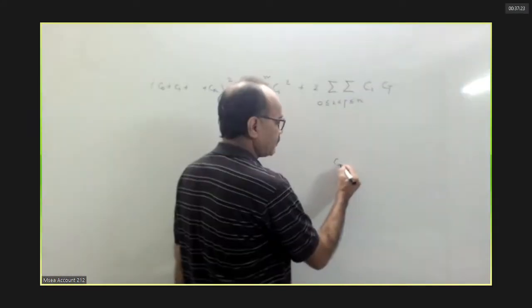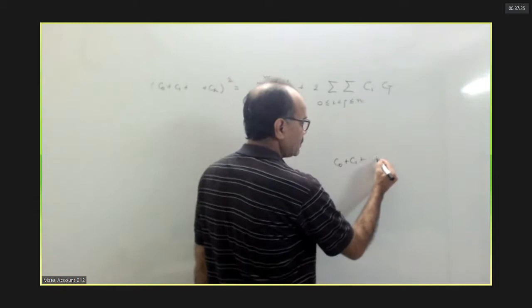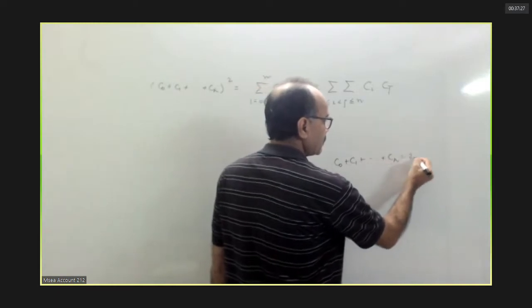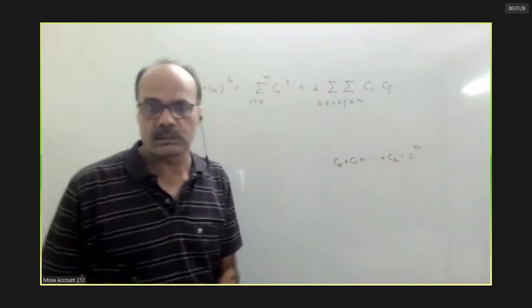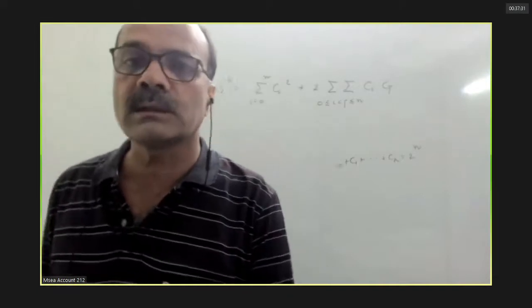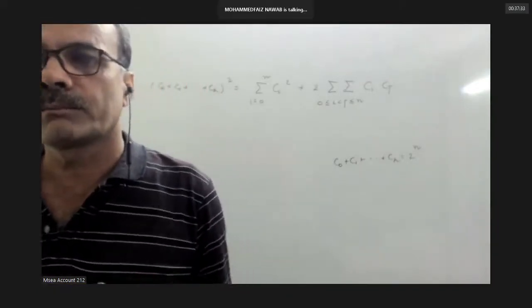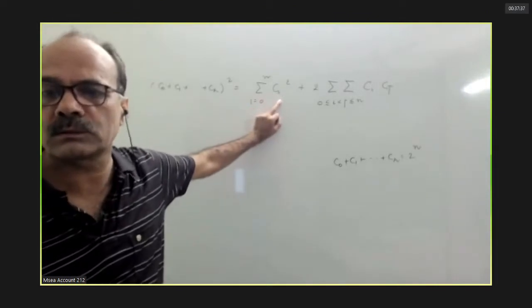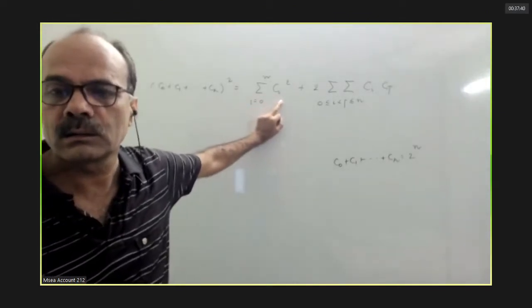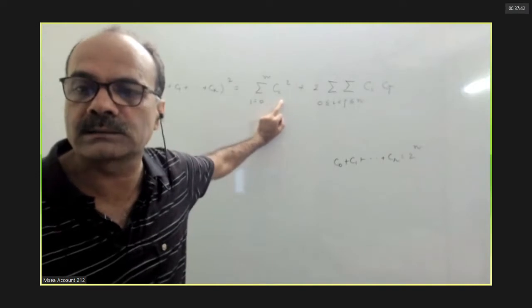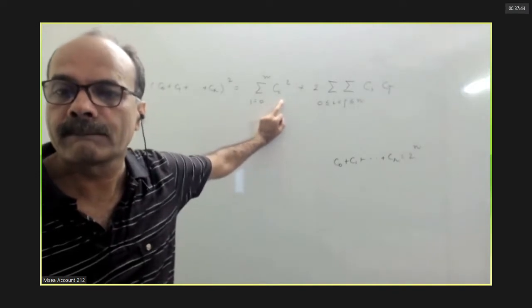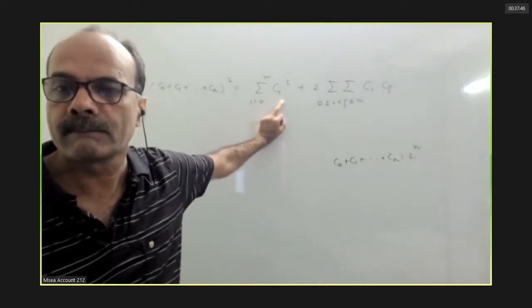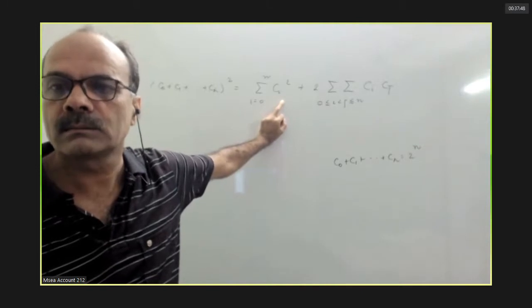Okay? nC0 plus, what is this value? 2 to the power n. Take the expansion 1 plus x to the power n. Yes, sir. Okay. And what is this value? C0 square plus C1 square plus C2 square up to Cn square. In the last class we discussed. Anyone?